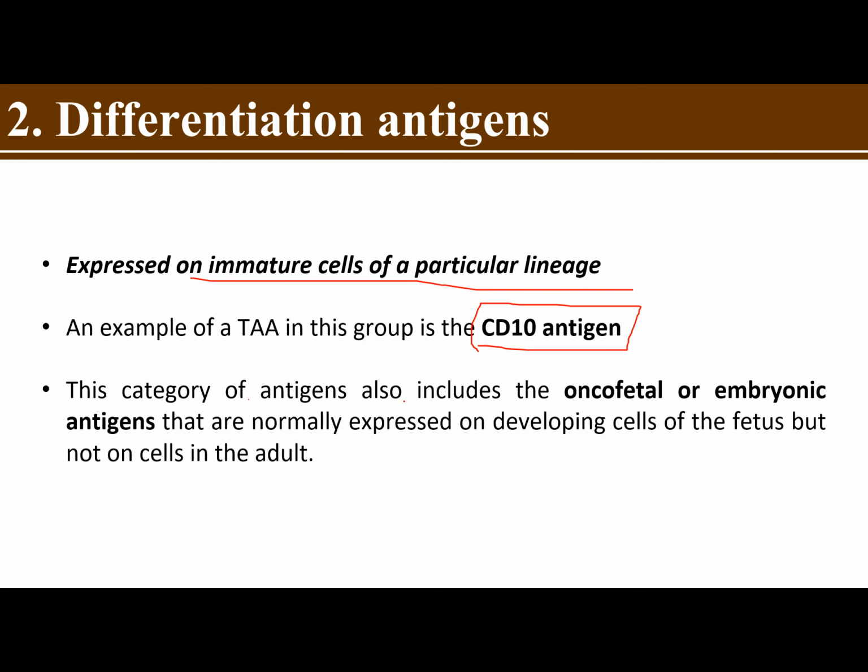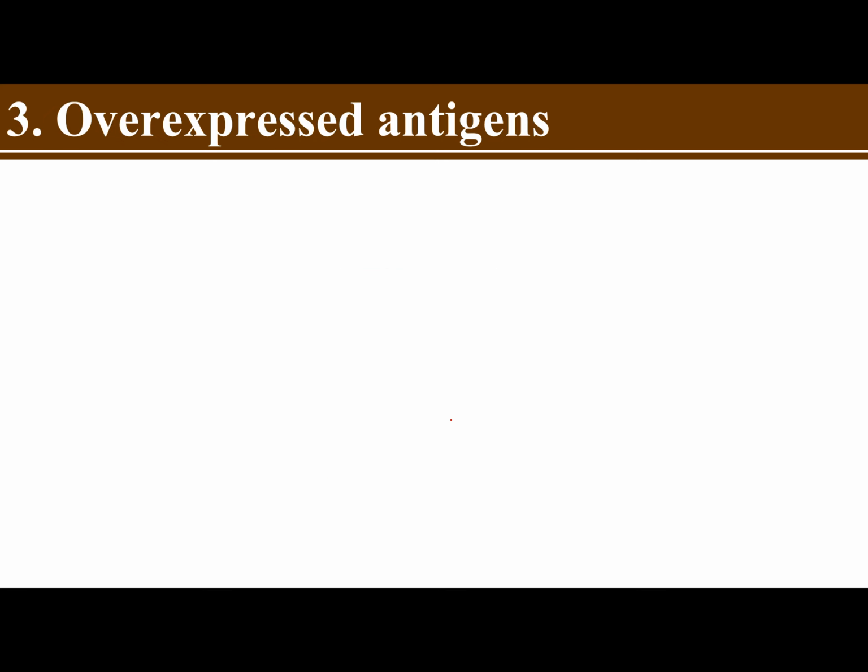This category of antigen also includes the oncofetal or embryonic antigens that are normally expressed on developing cells of the fetus but are not expressed on the cells of adults. So if you find these oncofetal or embryonic antigens in adults, class, there's a possibility that you have a differentiation antigen.